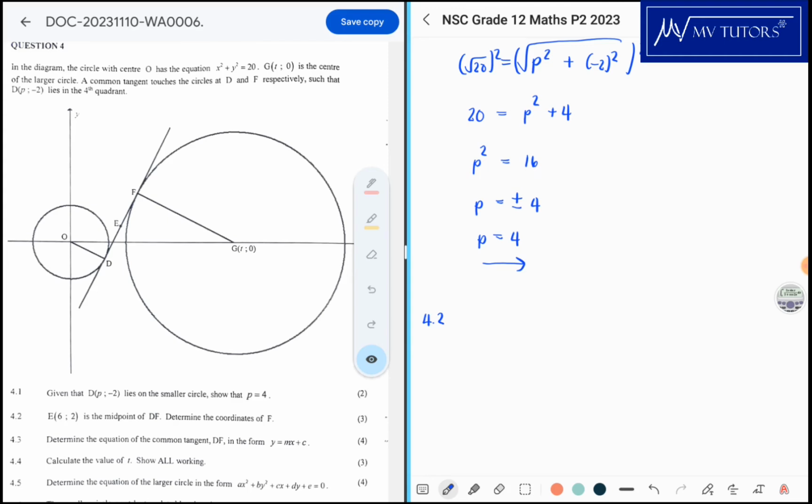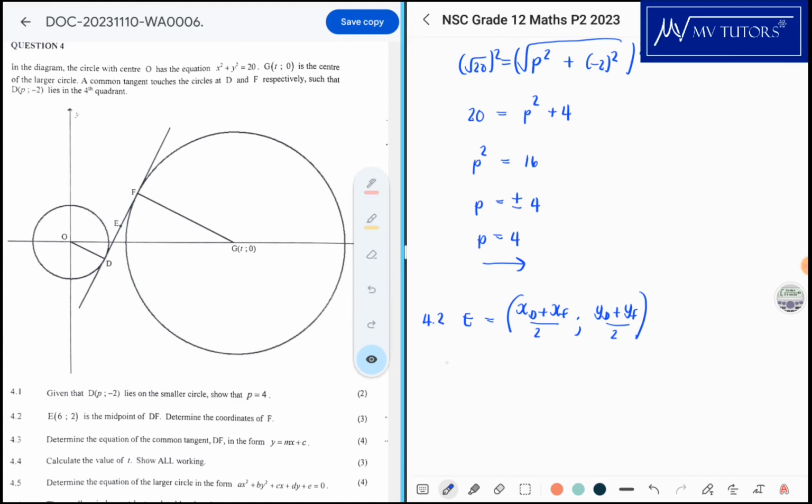All right, now it says E is the midpoint of DF. Determine the coordinates of F. Now, we have E. Okay, so basically E is the midpoint, right? So we will say E is equal to the x coordinate of D plus the x coordinate of F over 2, y coordinate of D plus y coordinate of F over 2.